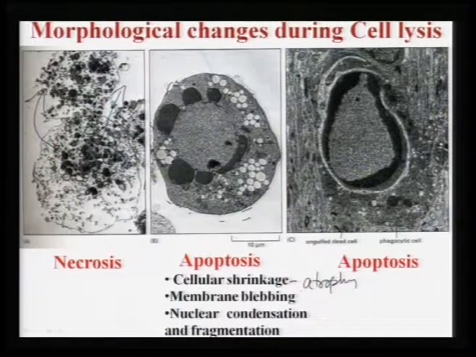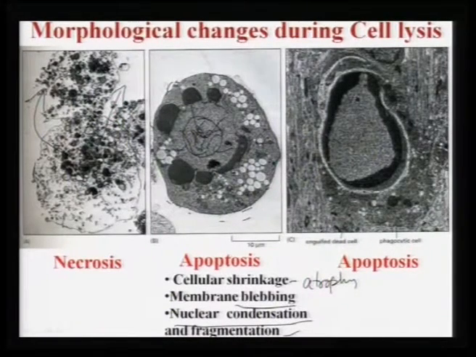Then membrane blebbing also occurs, and the third one is nuclear condensation or fragmentation. Whatever nucleus was there in a stable, vital or live cell becomes condensed, or many times it fragments, or there is fragmentation of the nuclear membrane.